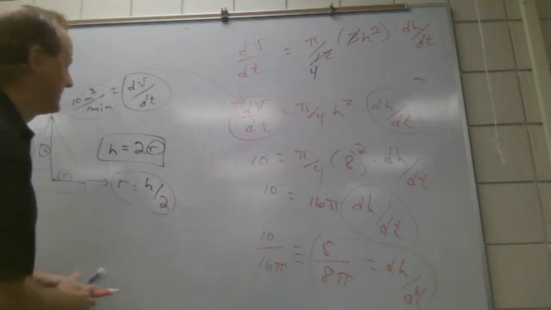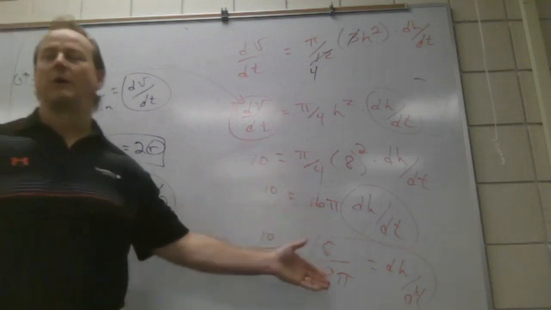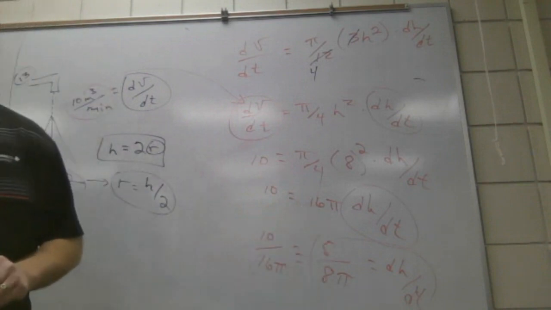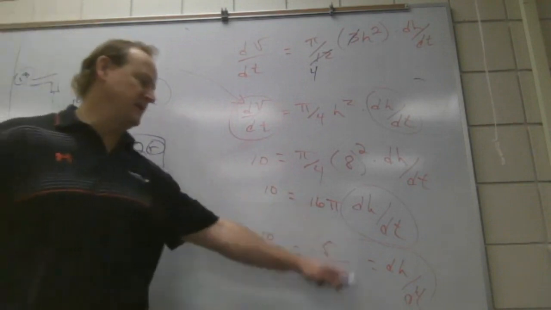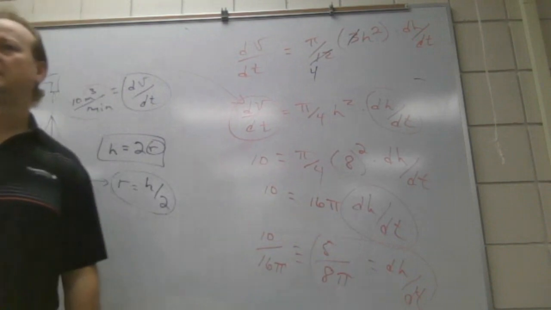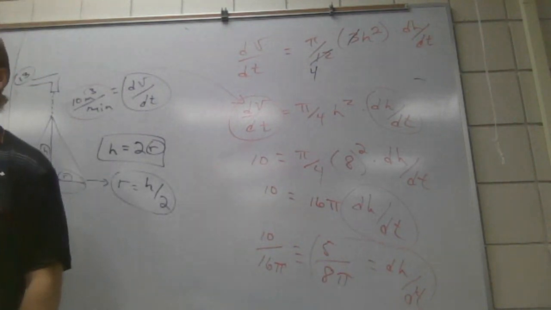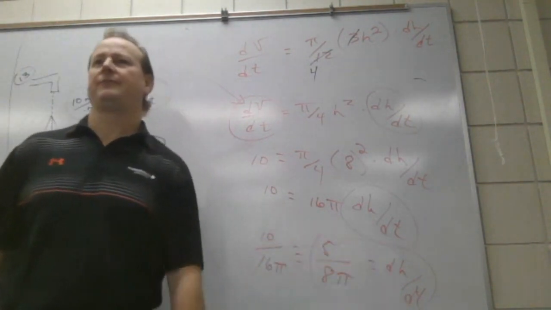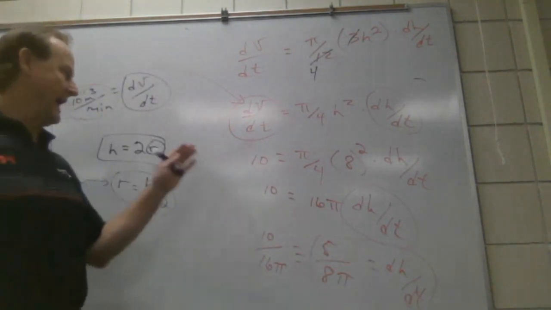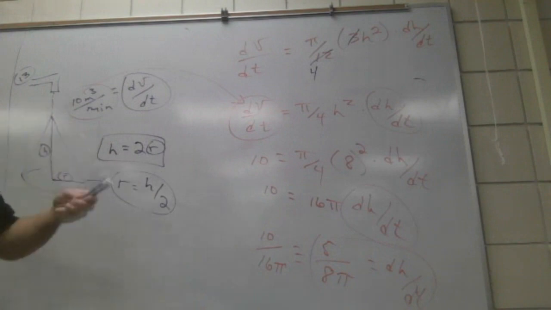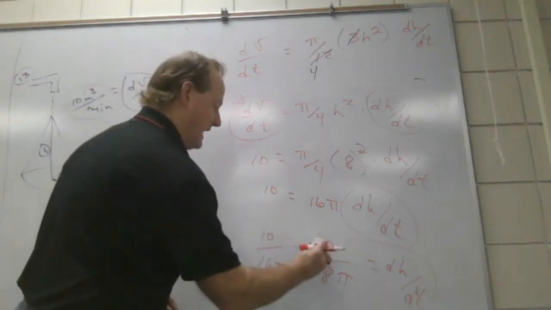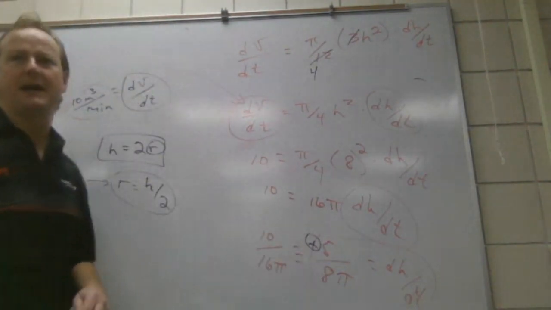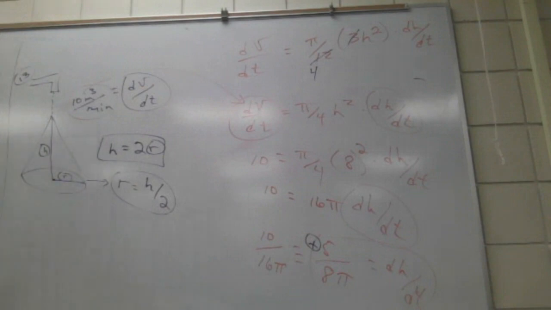First of all, that was a positive answer, which is what we wanted, right? But how do we say this in words? What's changing with respect to time? The height. So the height of the pile is increasing because it's positive.